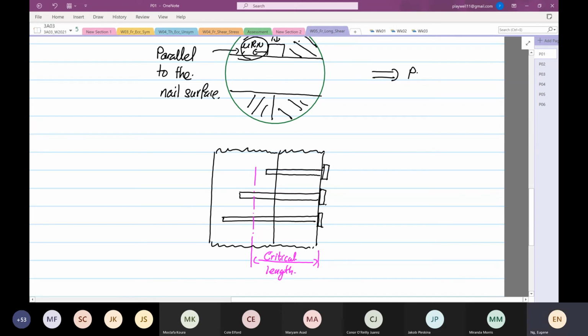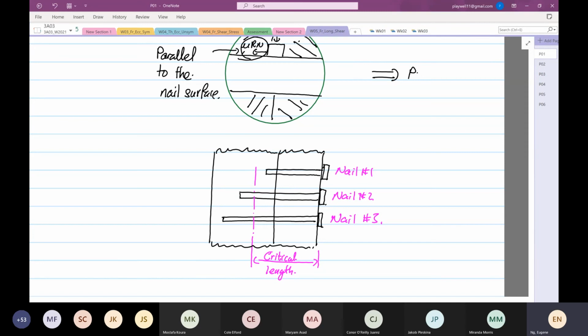Okay, so now nail number 1, nail number 2, nail number 3. Right? Okay. There will be a difference in performance between nail number 1 and nail number 2.